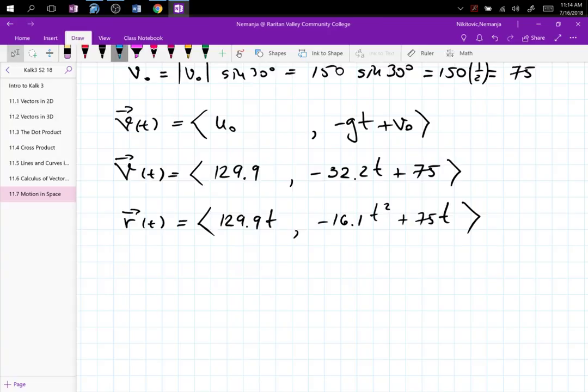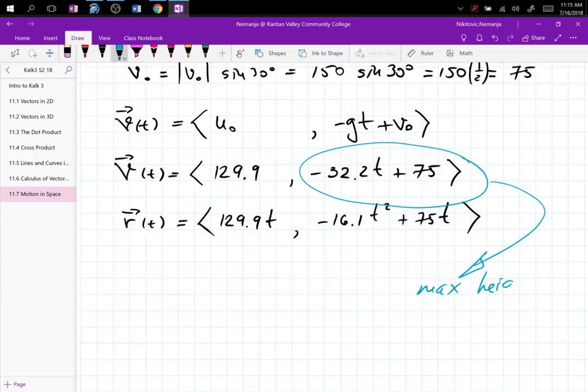For instance, I can take this equation here and use it to figure out max height, because maximum height is going to be when your vertical component of the velocity is equal to 0. Anytime you throw something, it's going to go up and then fall down because of gravity. When it changes direction from going up to going down, it stops, and that happens at the max.